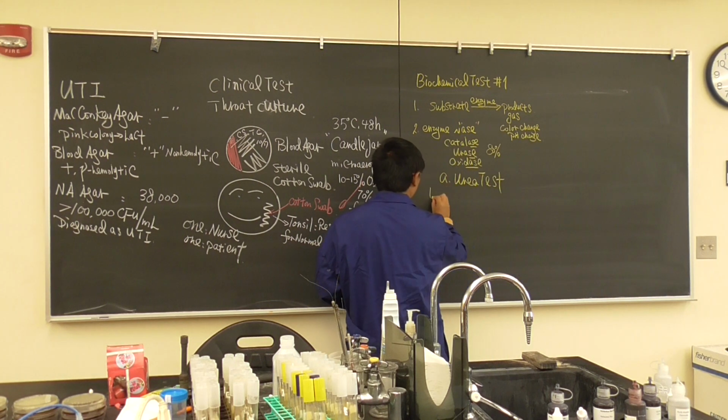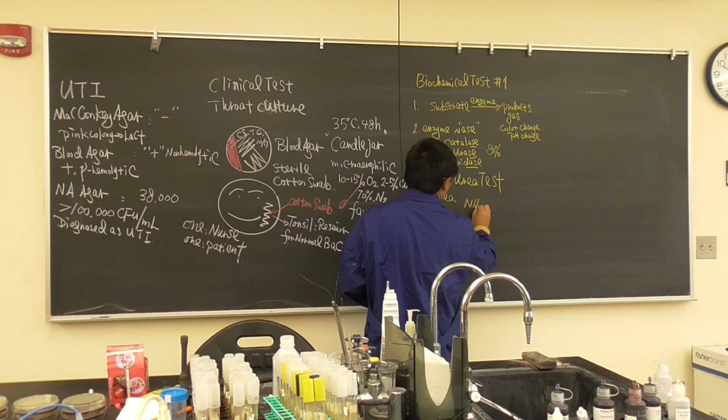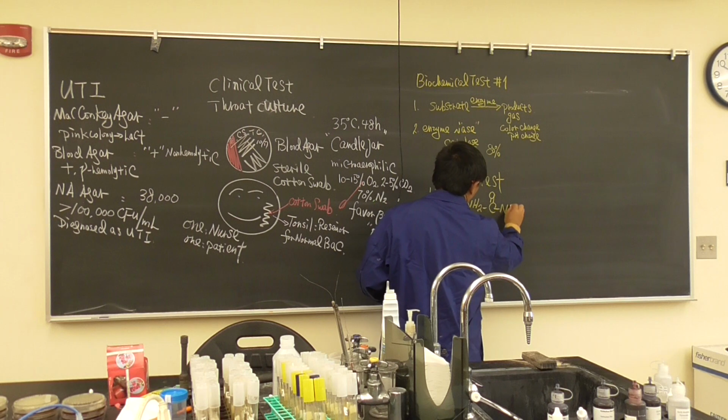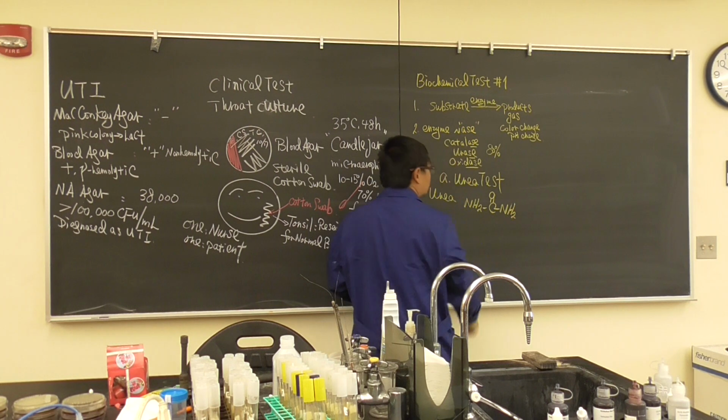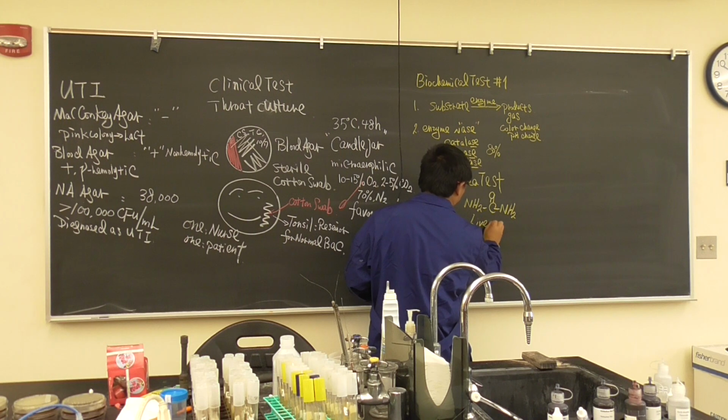Okay, first of all, what is urea? Urea, NH2, CO, NH2. This chemical widely exists in the liver area.